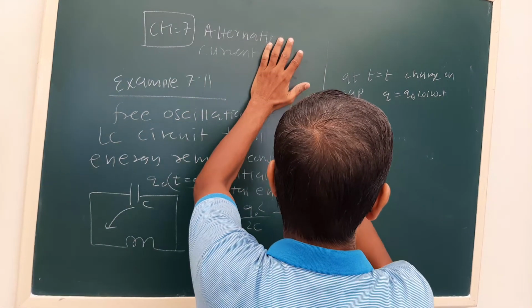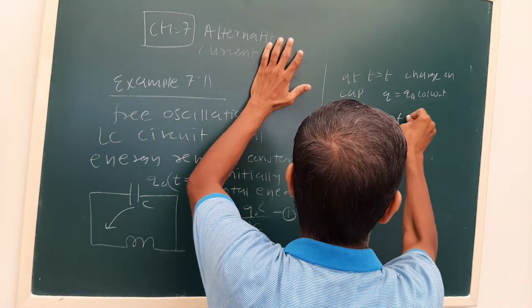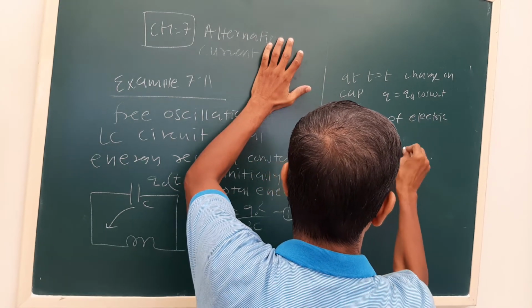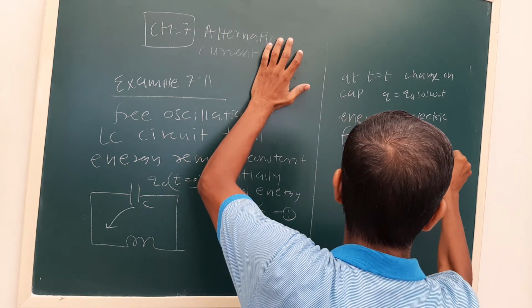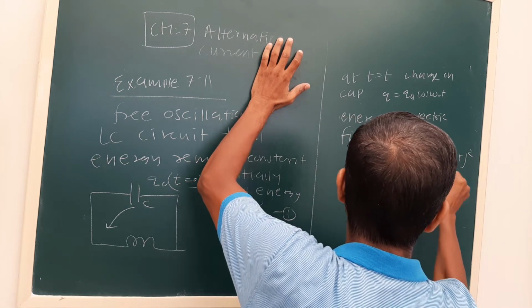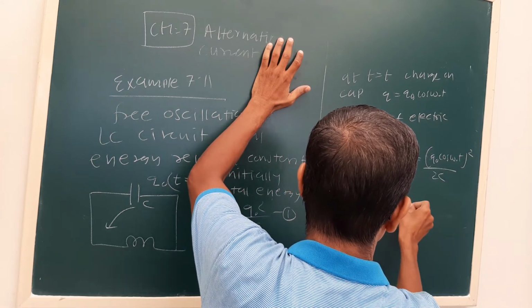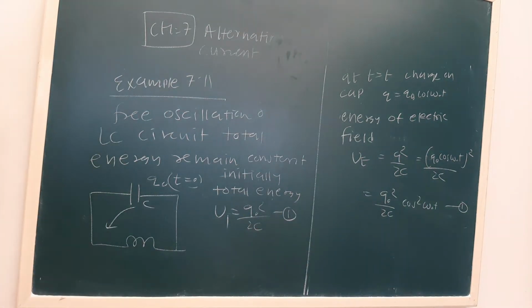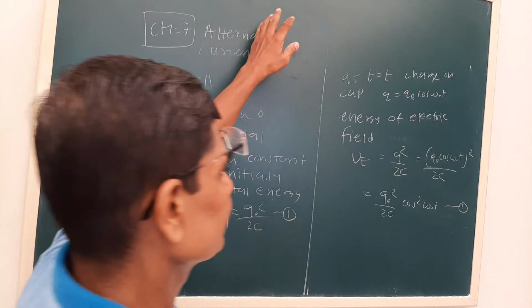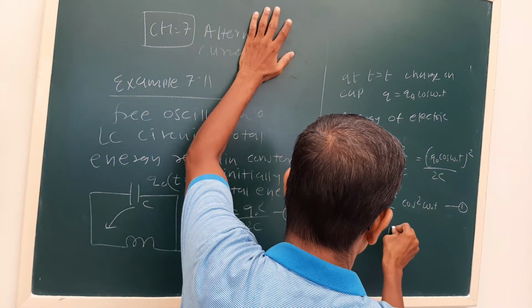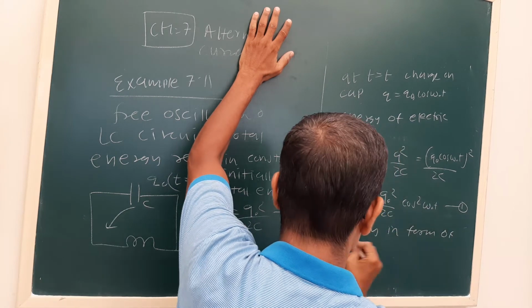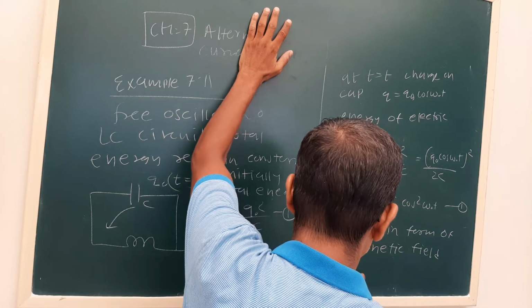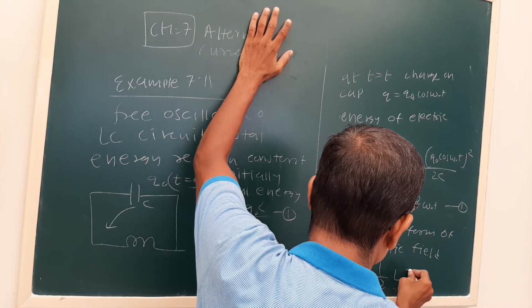So now see the energy of the electric field. Now, part of the energy is converted in the form of magnetic field. UB stands for the magnetic field energy, 1 by 2 L i square.